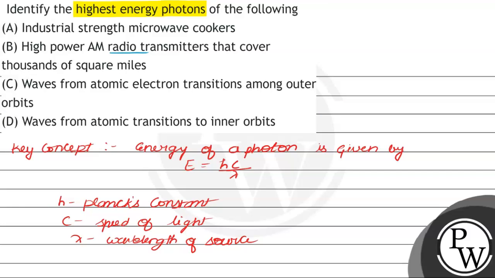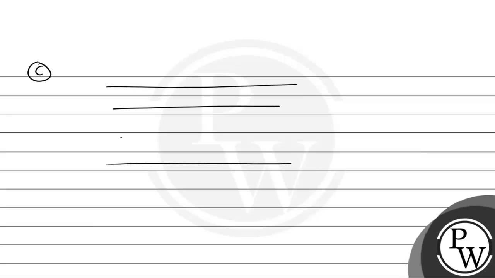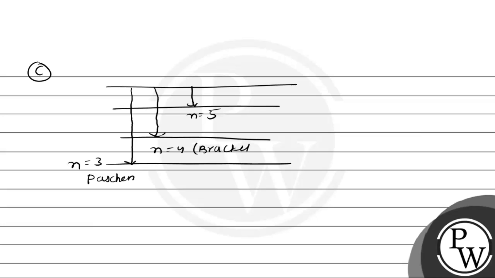Option C says waves from atomic electron transitions among outer orbits. So students, when an electron transitions from outer orbits, let's say from a higher orbit to n equals 3, to n equals 4, or to n equals 5, where n equals 3 represents the Paschen series, n equals 4 represents the Brackett series, and n equals 5 represents the Pfund series.